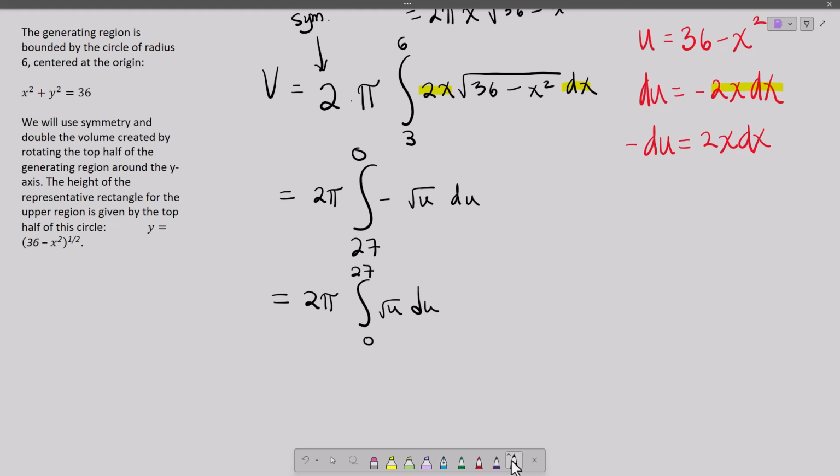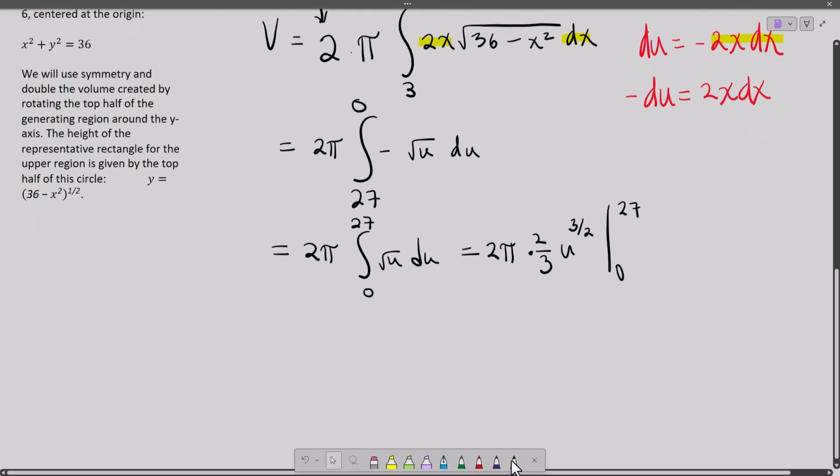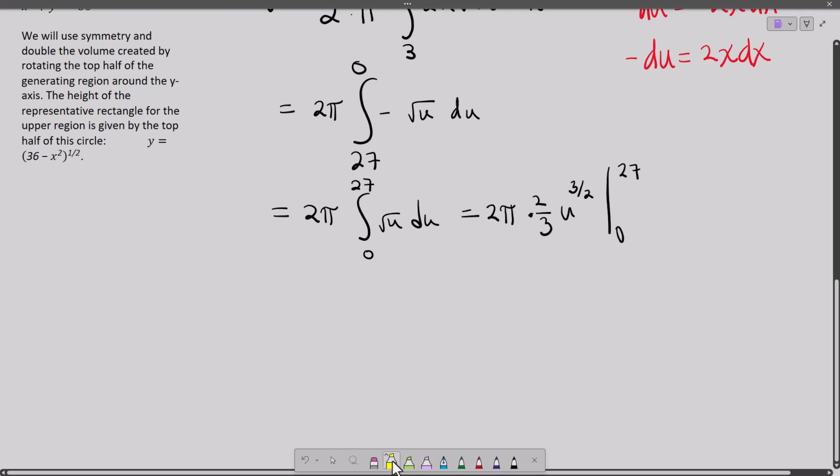So we could flip them and multiply by negative 1, and that negative 1 that's sitting in front of the square root of u just disappears. And now we can integrate. Now it feels a little better. So integrate, we get u to the 3/2 divided by 3/2, which means multiply by 2/3, from 0 to 27. 0 is not going to contribute anything. 0 to the 3/2 is 0.